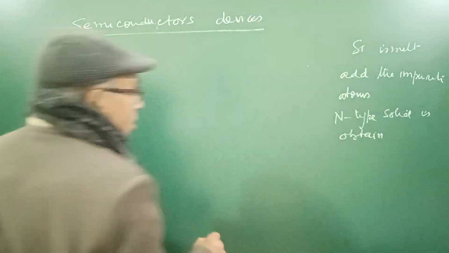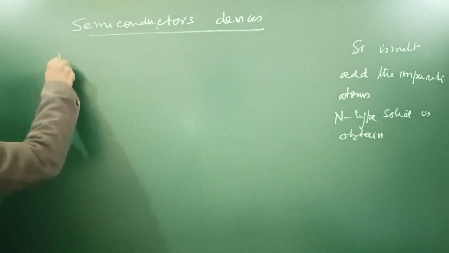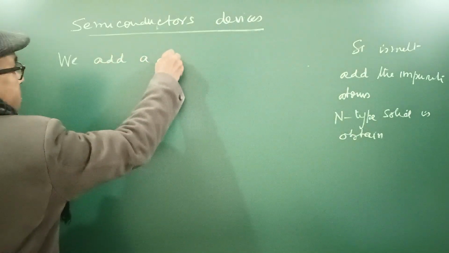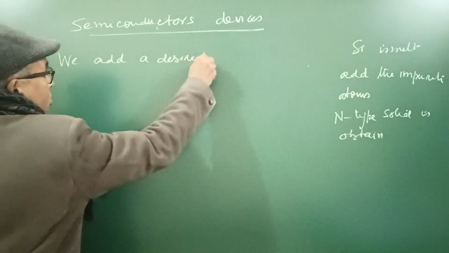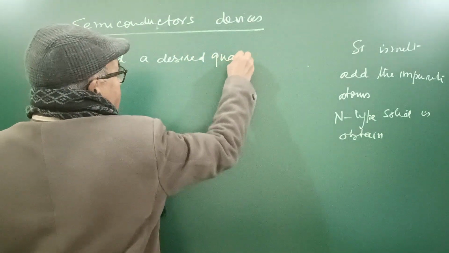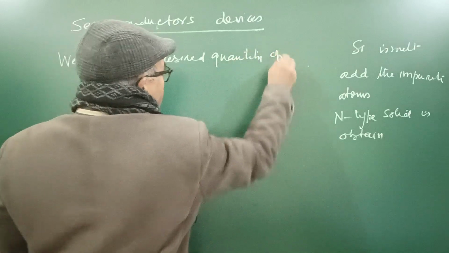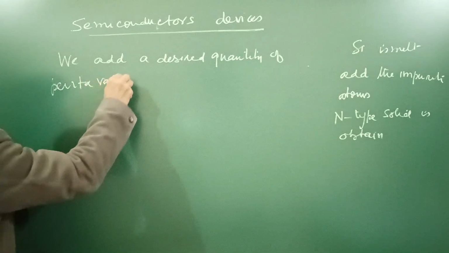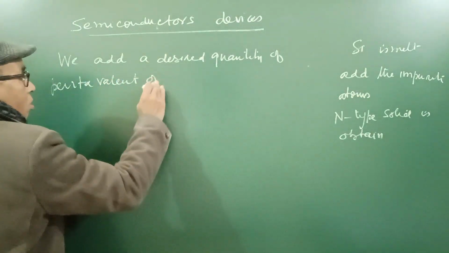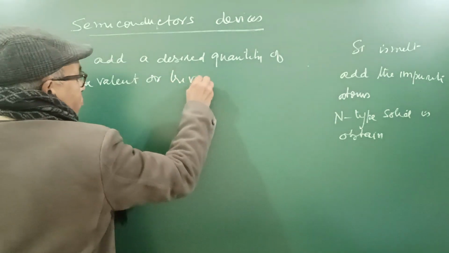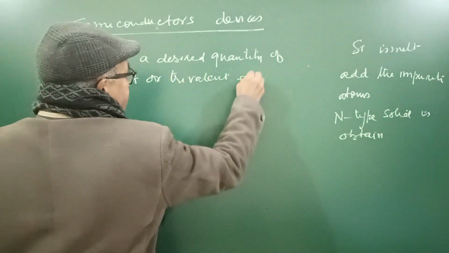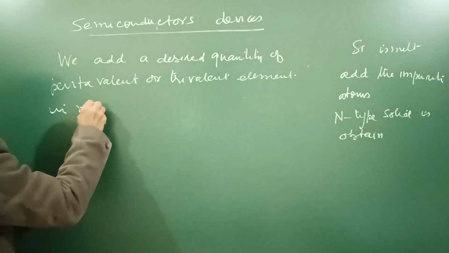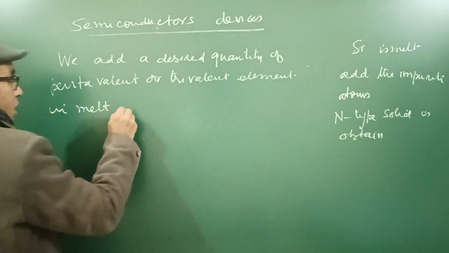Now to this melt of silicon we add a desired quantity of pentavalent or trivalent element.